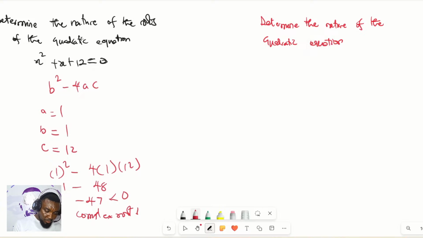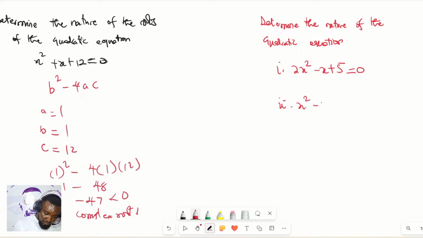Let me pick quadratic equations that would have repeated roots. So let's use this example. Our quadratic equation will be 2x squared minus x plus 5 is equal to 0.